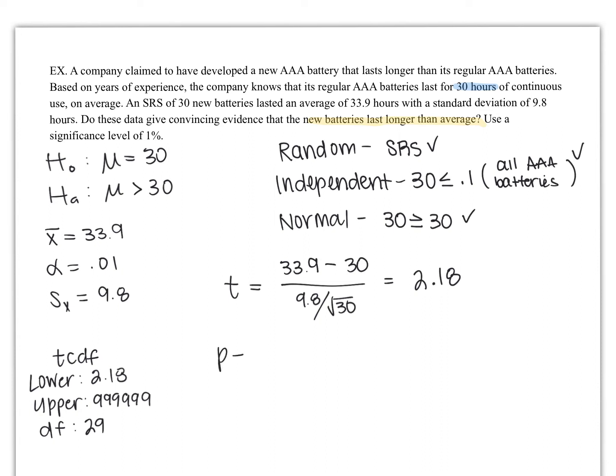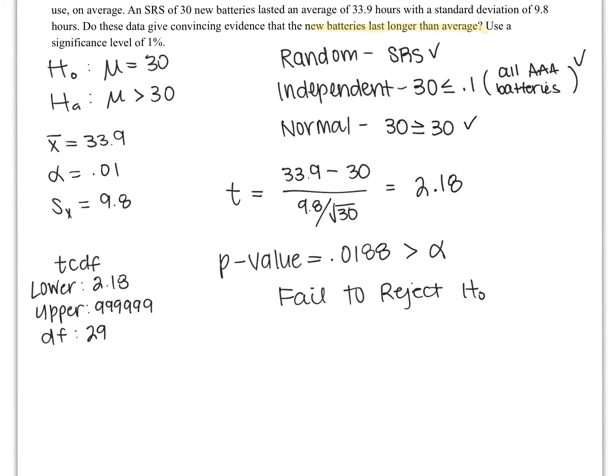So we're going to get a p-value of 0.0188, which I now need to compare to alpha, which was 0.01. And 0.0188 is greater than alpha. And when our p-value is greater than alpha, we fail to reject the null hypothesis.